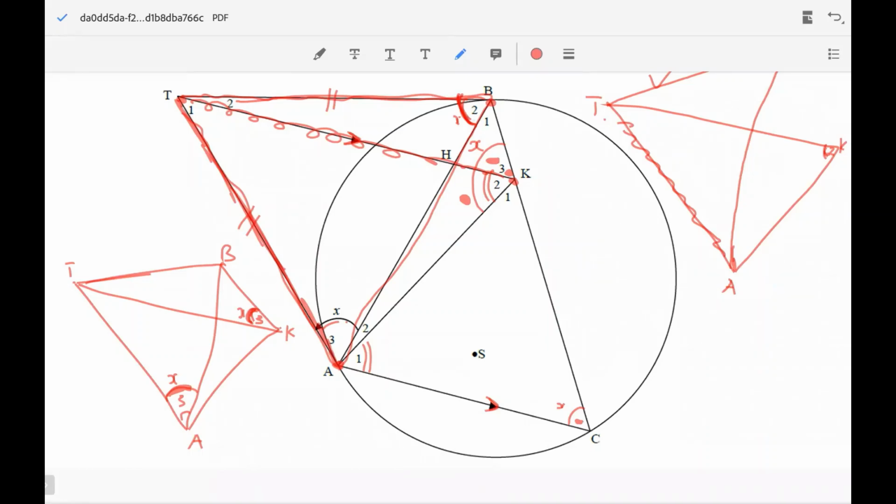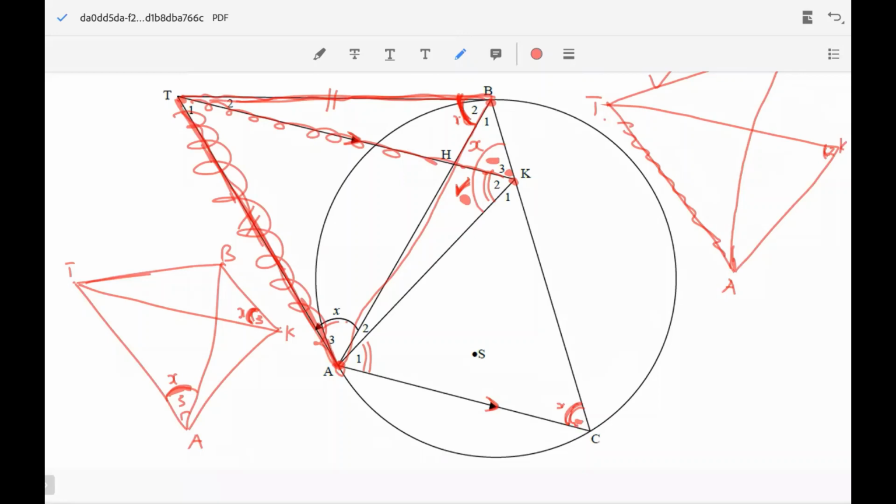And angle B2 would equal angle K2, because they're all subtended by the same chord TA. So angles in the same segment. But then remember, we have a tangent at B, so angle B2 is indeed equal to angle C, tan chord.